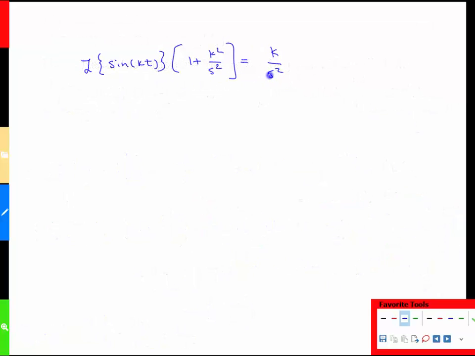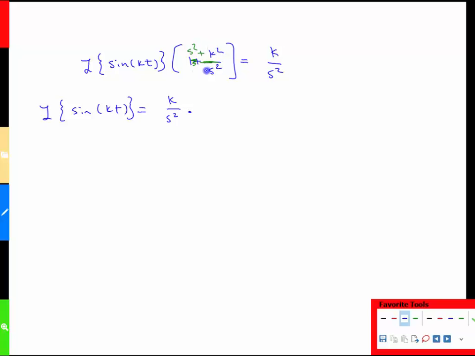Copying over that formula, we want to solve for the Laplace transform of sine of kt. As an intermediate step, what we're going to do is take this part out and make it an s squared plus k squared over a common denominator of s squared. What that will do is make this transition easier as we move that term to the right-hand side. We'll have k over s squared.